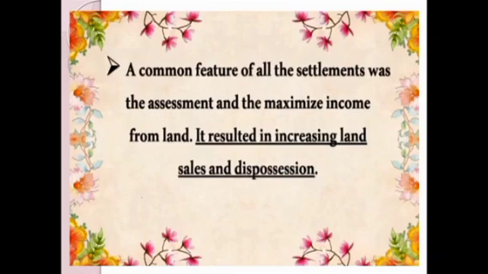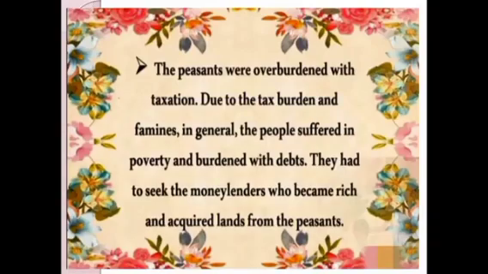The peasants were overburdened with taxation. Here, the peasants means the farmers were overburdened with taxation due to the tax burden and famines. In general, the people suffered in poverty and were burdened with debts. They had to seek the moneylenders, who became rich and acquired lands from the peasants.